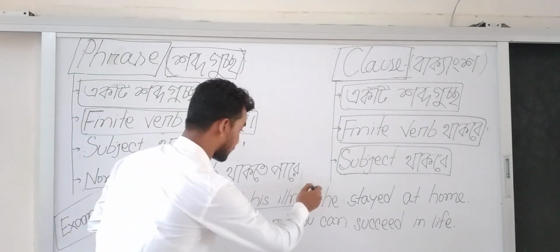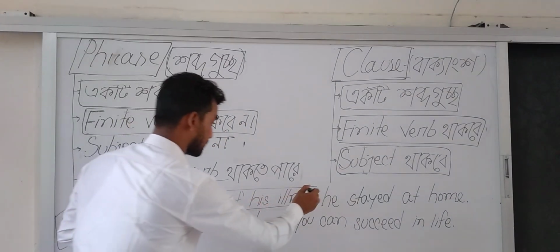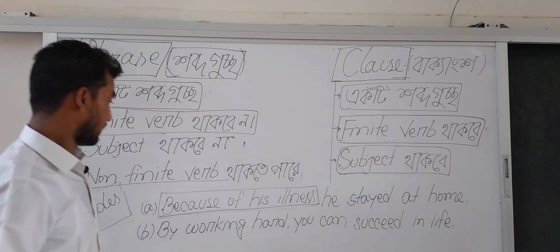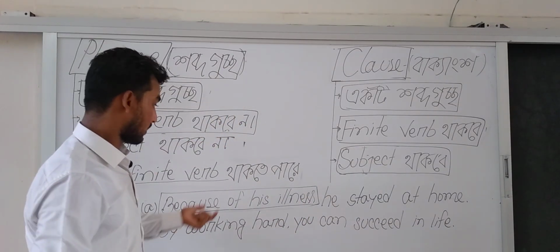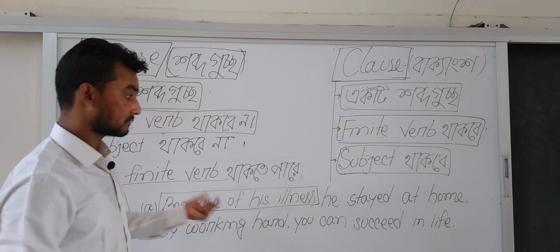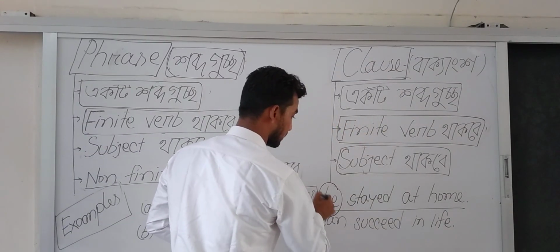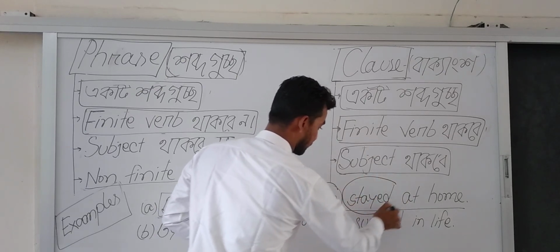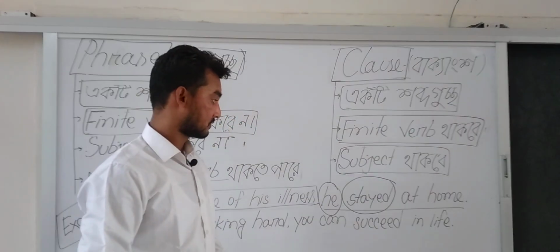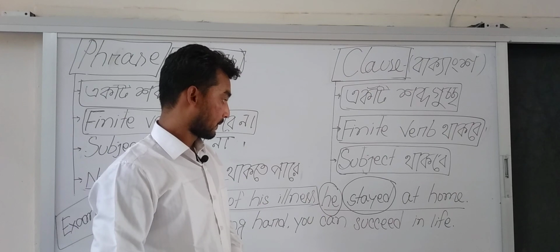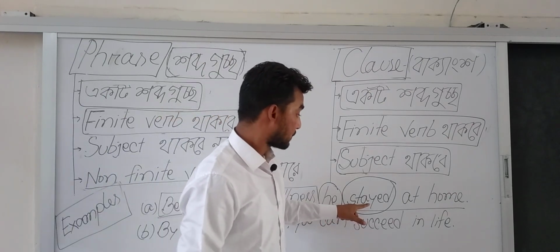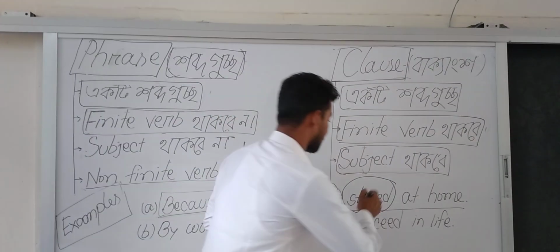And in this part of the sentence, finite verb and subject are absent. But in this part of the sentence, we find a subject he and a finite verb stayed. This is the past form of a verb, that is stay.